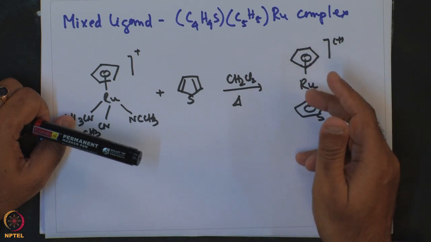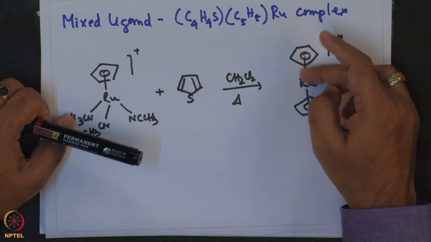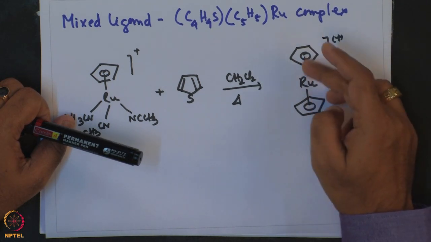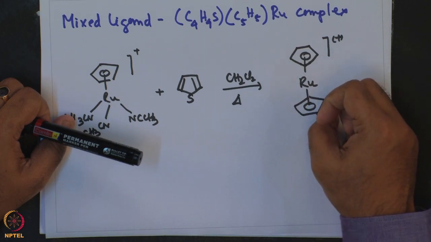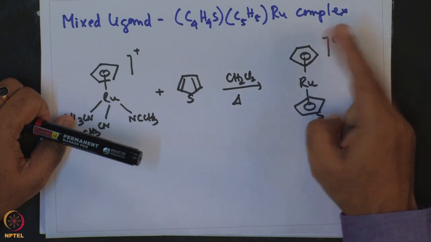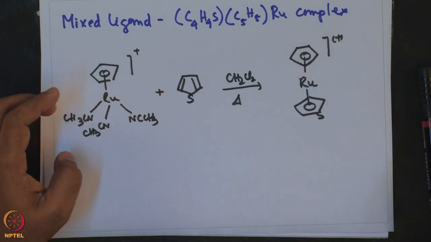because Cp being anionic, ruthenium is in +2 oxidation state. So, this is more tightly bound, whereas this is, as compared to this, relatively less tightly bound, and then this thiophene ligand is more labile than the Cp ligand in this complex. So, that is an observation which can be rationalized quite easily by looking at this mixed ligand complex, and then taking into account the neutral or the anionic nature of the individual ligands.